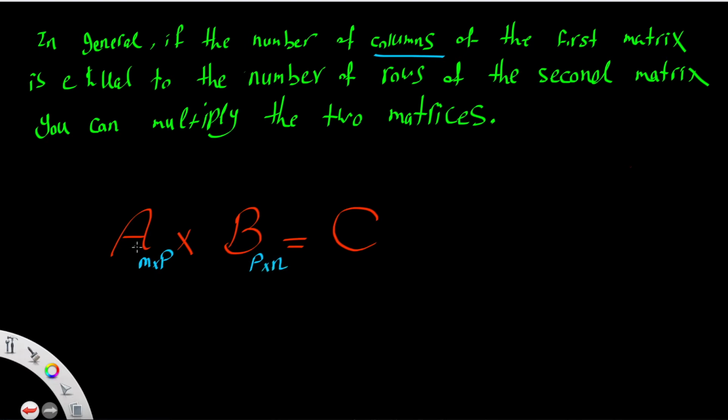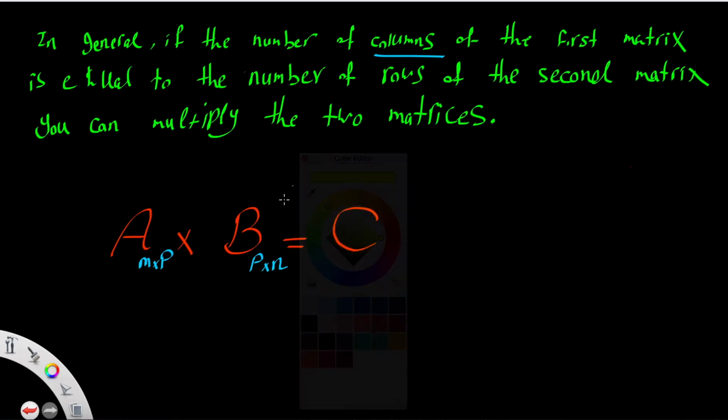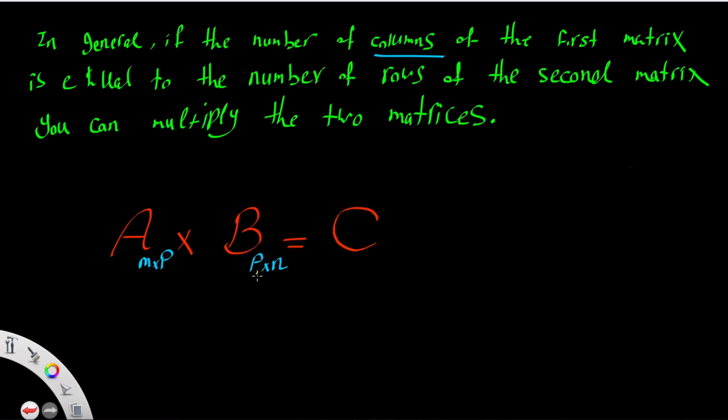So A is m by p and B is of order p by n, and they are to be multiplied by each other. Now, as you see, if these two interior numbers are the same, you are allowed to multiply the two matrices.